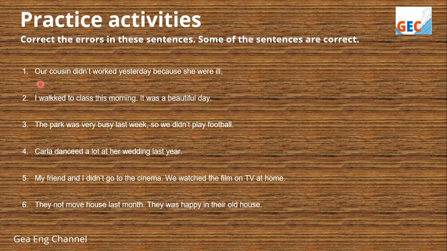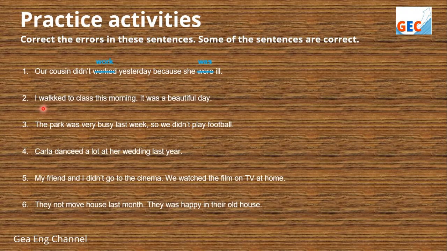Number 1, our cousin didn't work yesterday because she was ill. Is this a correct sentence? No, it's not. It's wrong. It should be, our cousin didn't work yesterday because she was ill.